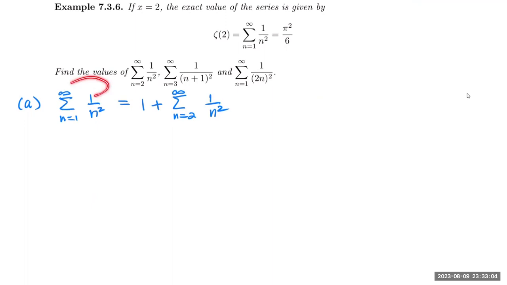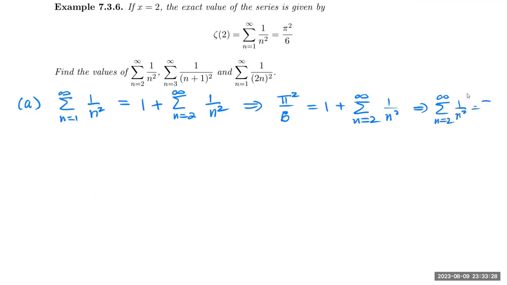But since the left-hand side is equal to pi squared over 6, we have 1 plus the sum from 2 to infinity, so this is just going to equal pi squared divided by 6 minus 1. So it's just a little bit of rearrangement here. Because this is the series that we want to be finding, we just had to rearrange a little.